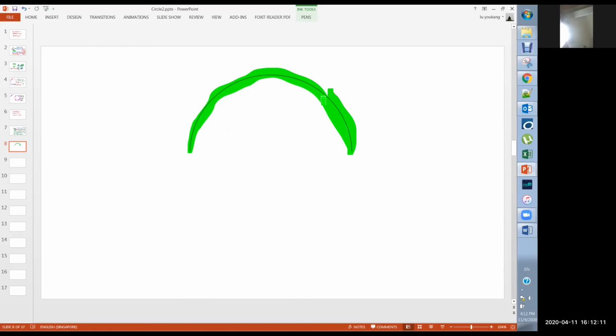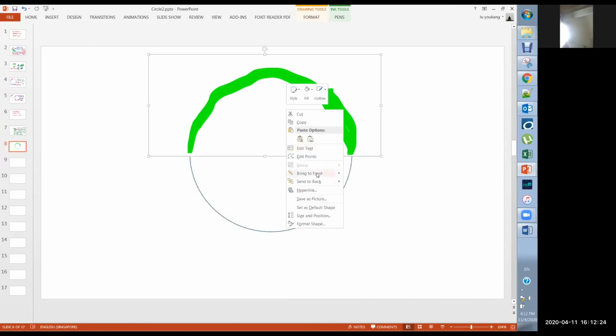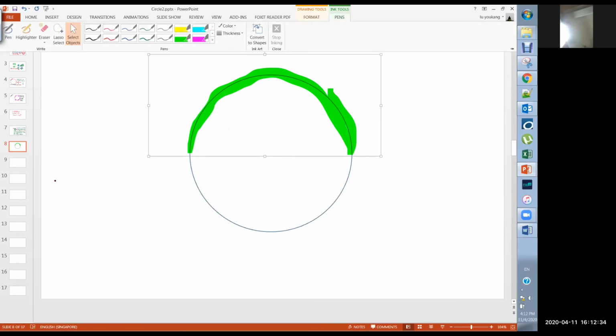Do you know or you don't know? You cannot make a guess? The green line is 1/2 of what? Full circle. Very good.